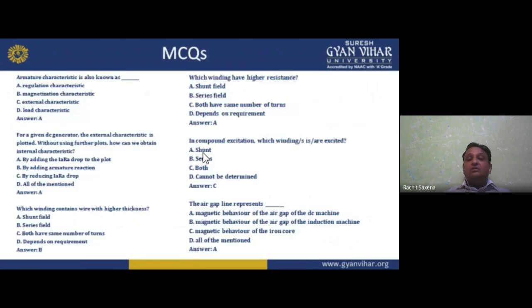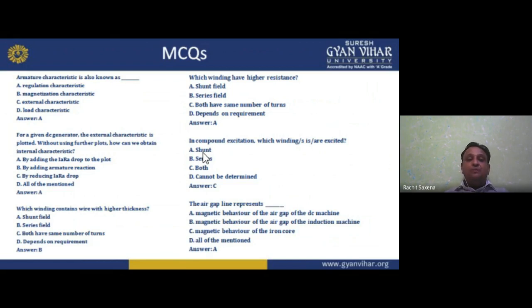Now, some related multiple choice questions on this topic or the previous topic which we have studied. Armature characteristic is also known as regulation characteristic, magnetization characteristic, external characteristic, or load characteristic. The regulation characteristic is known by it. For a given DC generator, the external characteristic is plotted.